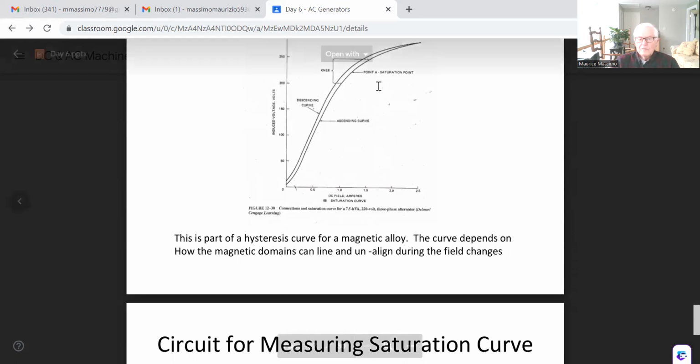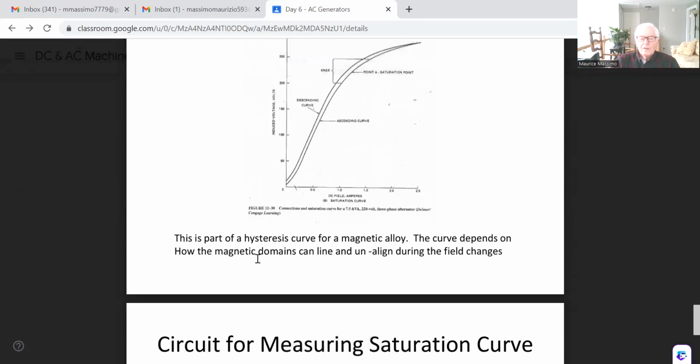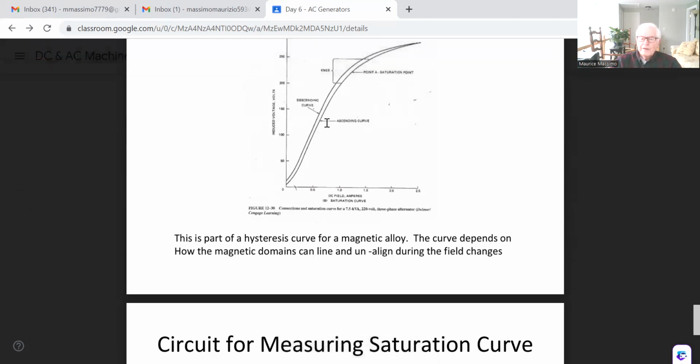Different alloys have different hysteresis, and the curve depends on how the magnetic domains can line up or unalign during the field changes. So you've got a hysteresis here, and between the differences of the two, you can get added effects.